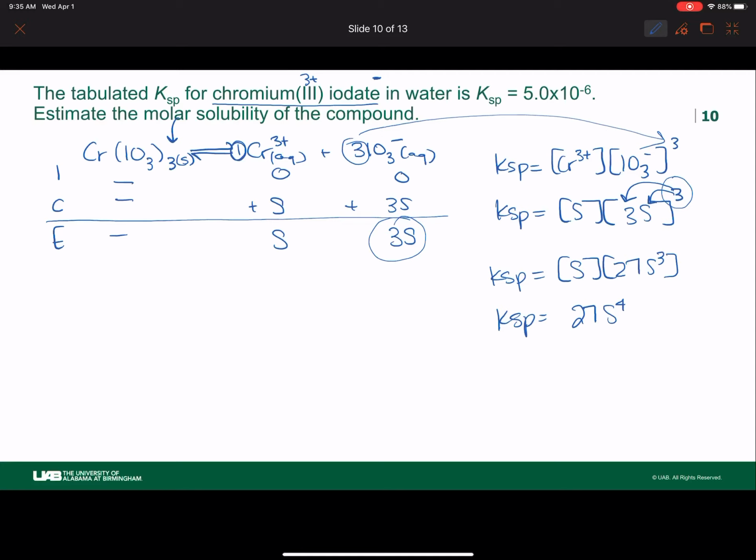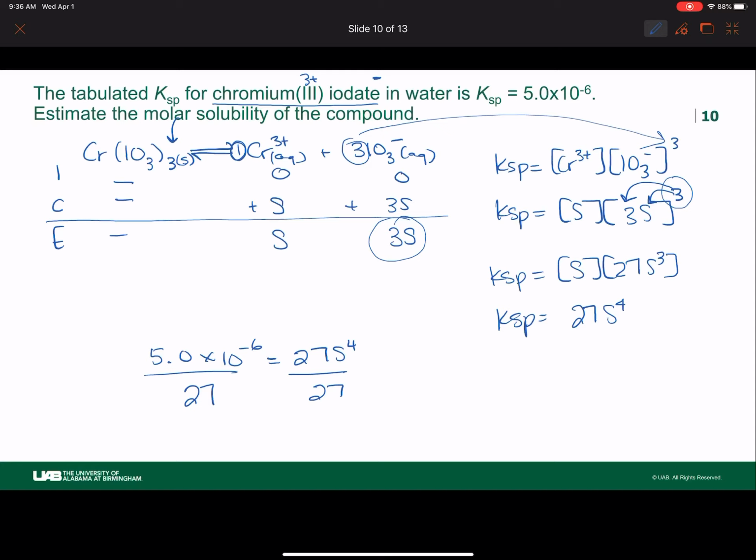Now I know the value for Ksp, and I'm going to scoot over so I have enough room. There's my value for Ksp given to me in the problem. And I've already simplified the other side of my expression, so I can quickly do that. Divide both sides by 27, and then take the 4th root of that.